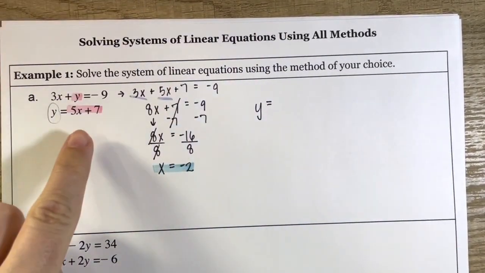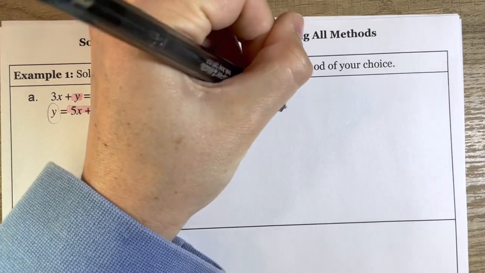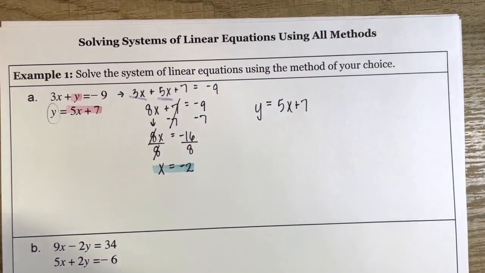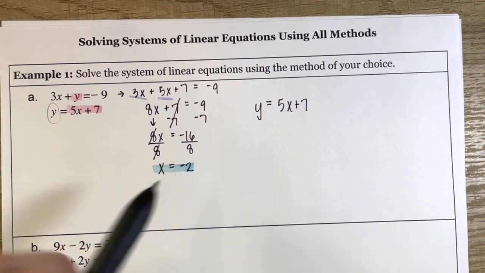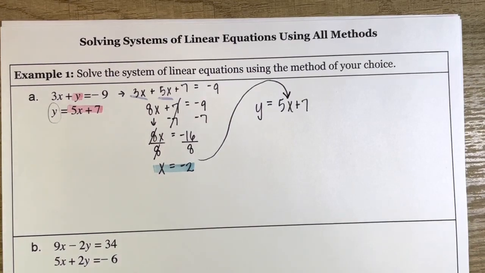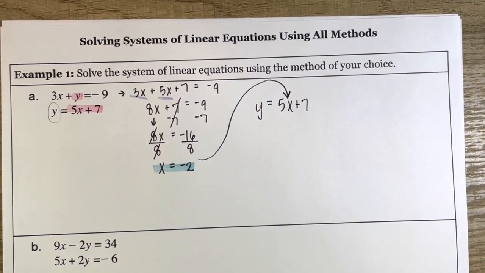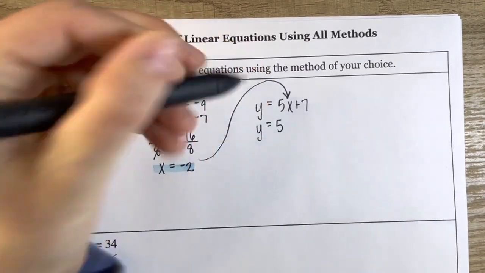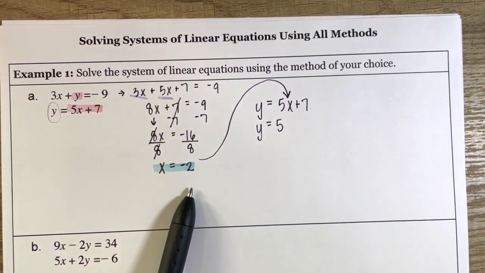So y equals 5x plus 7. And then since I'm saying x is equal to -2, I can take that -2 and plug it in the equation where x is. So everything else stays the same. y equals 5 times x becomes 5 times -2.